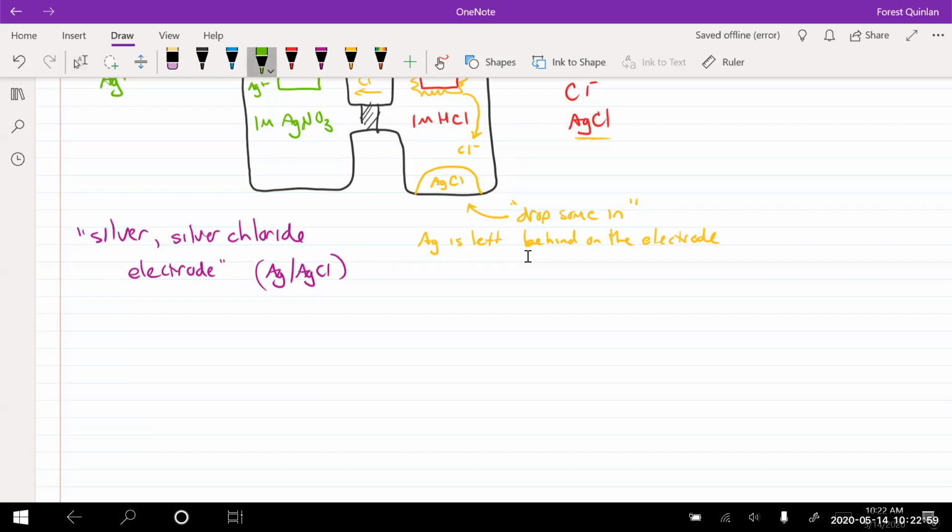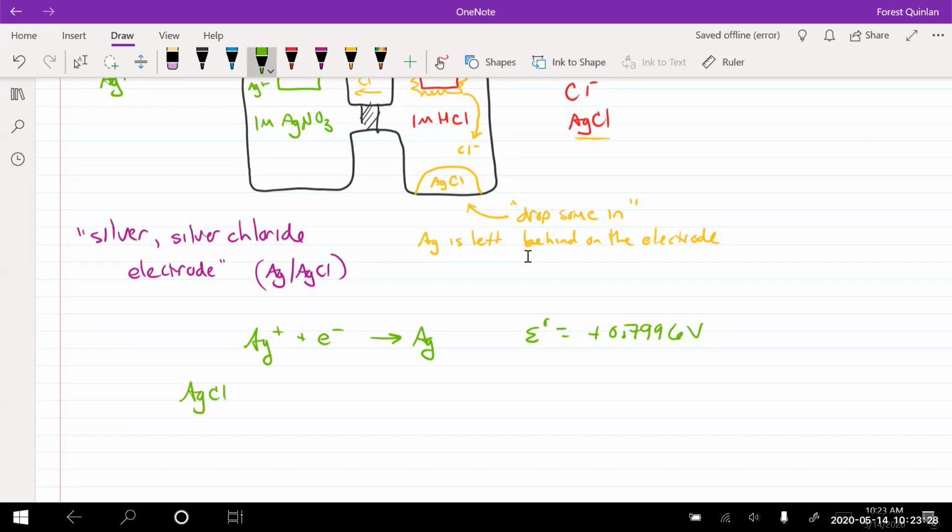We have Ag+ plus an electron making solid silver. The E naught of this guy is positive 0.7996 volts. Yeah, we know this one pretty darn good, guys. That's the reason why it is used.